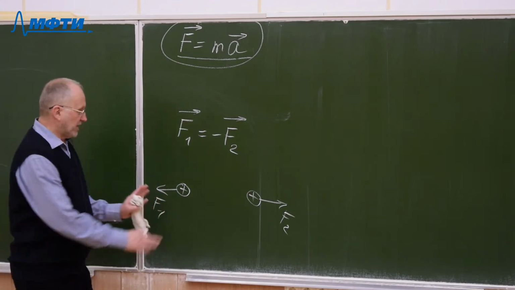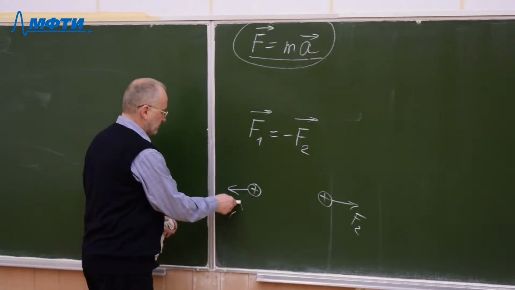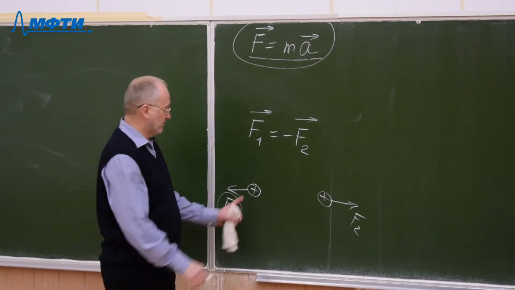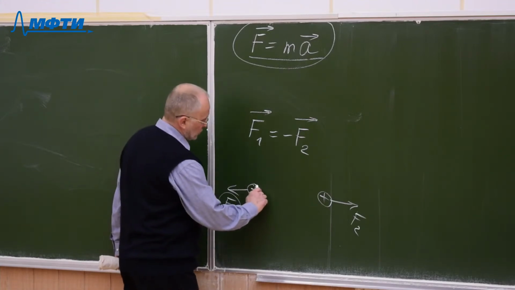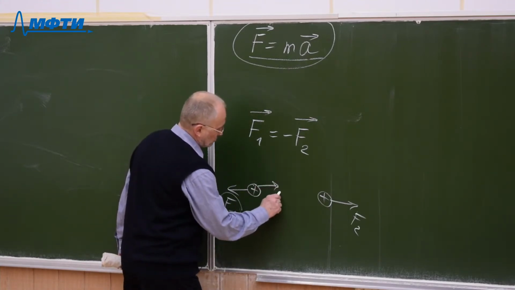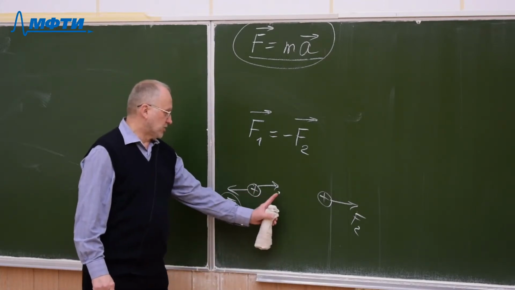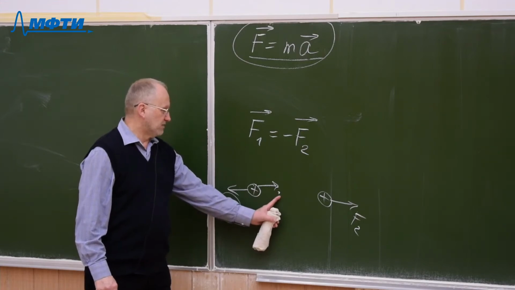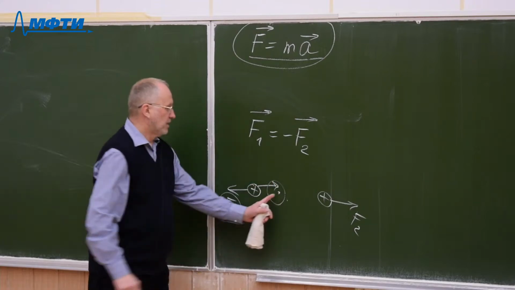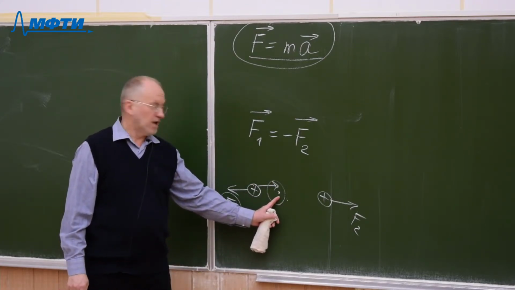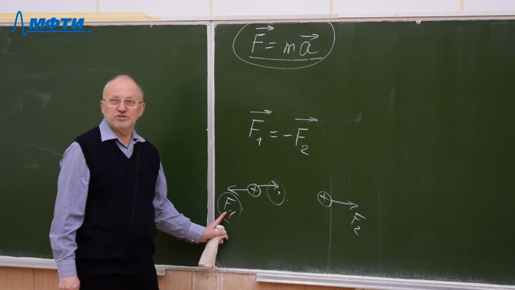But if we keep the charges at some fixed distance, then these forces will be constant. And then imagine that we suddenly move this charge very quickly to some other point. So this charge will be shifted to another point in space, and the strength of the electric field here will be different. It may be larger, and the force acting on this charge will change immediately.